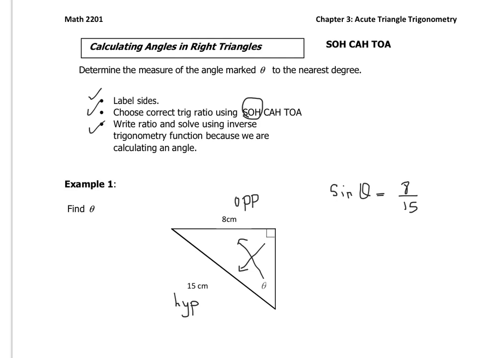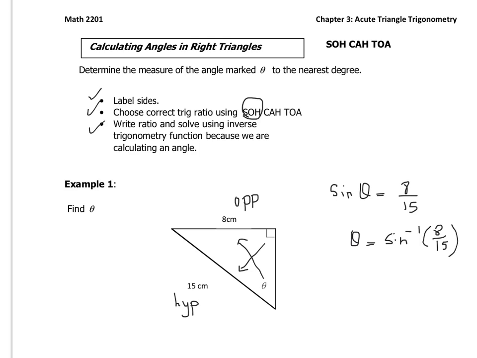And when you have the sine of the angle isolated like that on the left side of the equation and you're just looking for the angle, you just basically find the angle using inverse sine of 8 over 15 on your calculator. Now, some calculators you'll have to put in 8 over 15 and then hit inverse sine.